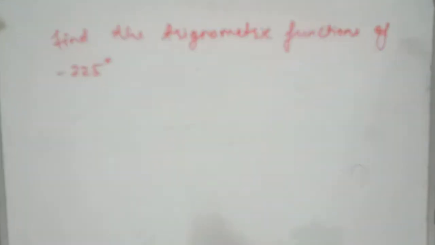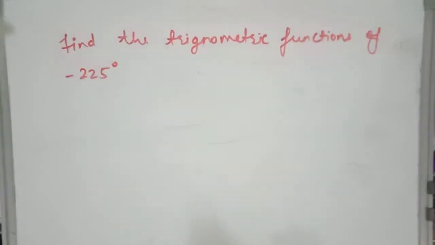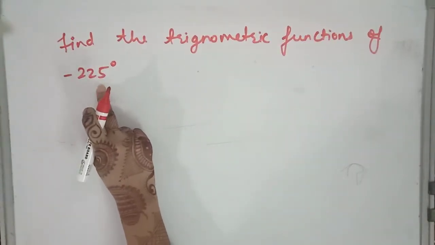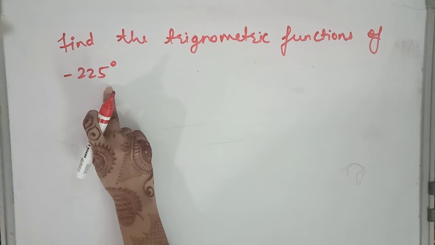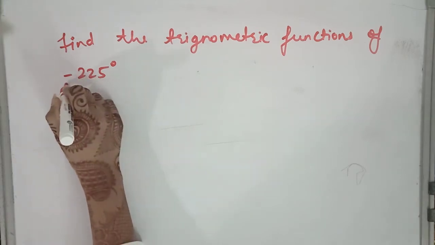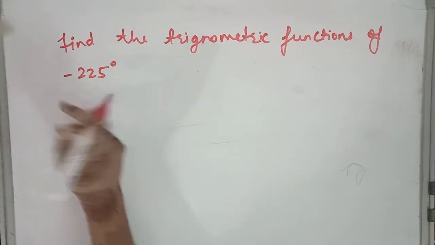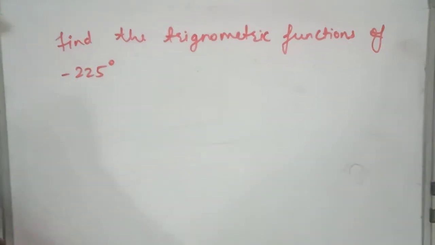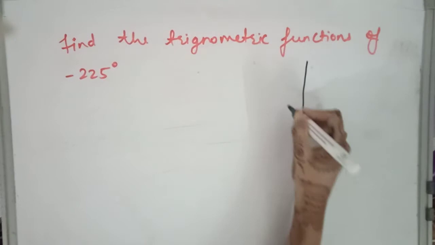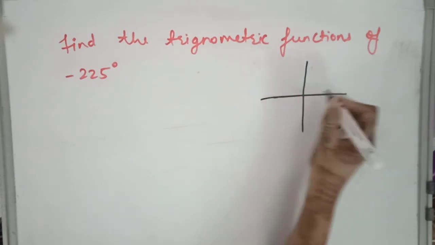Now let's see another example, how to find the trigonometric function of minus 225 degrees. Now the sign is minus, so the direction of the angle will be clockwise. First we will draw a circle with the coordinate system.